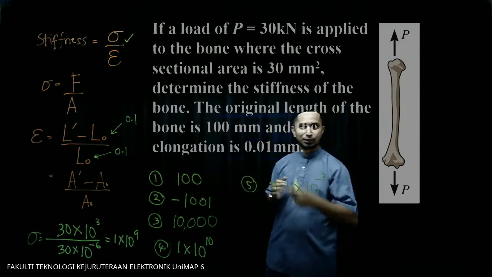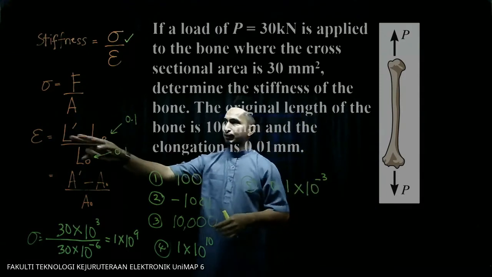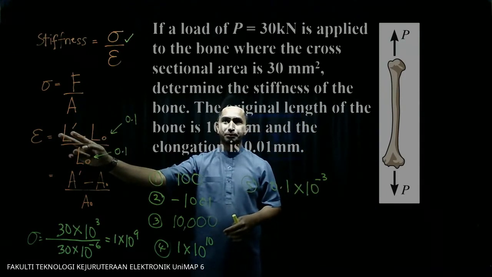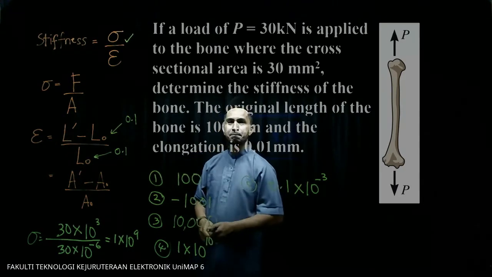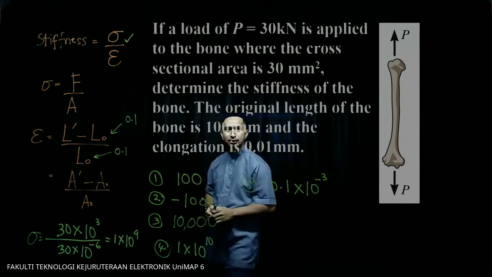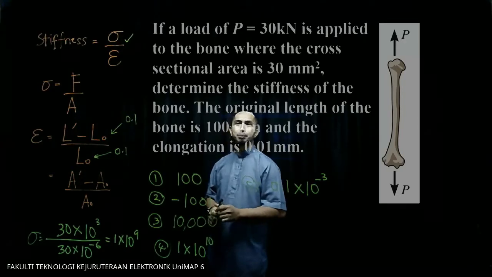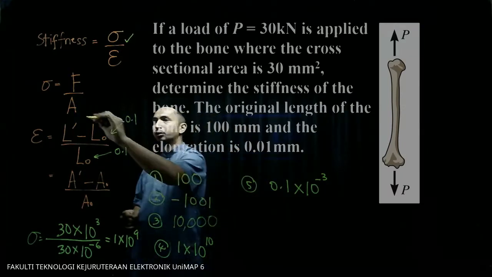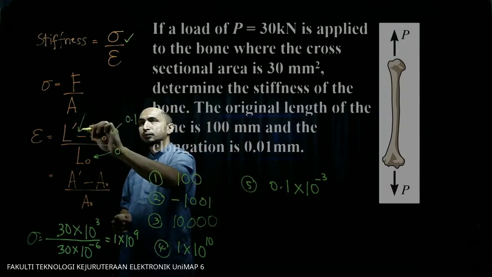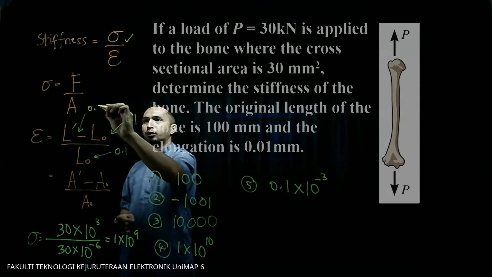Betul. Kalau saya salah beritahu lah. So what is the final length? In millimeter. What is the final length? 0.01. Okay, 100.01. Good. So if we convert it into meter, it will be 0.101.